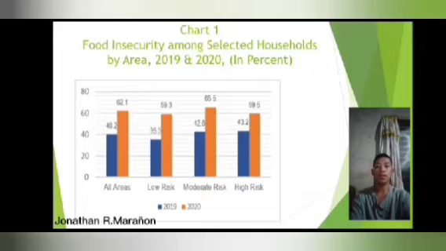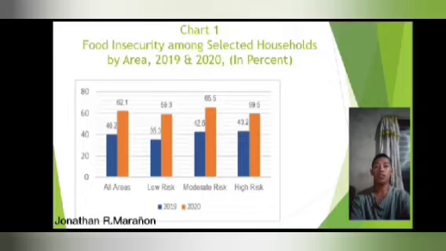So, some 62.1% of Filipino households experienced moderate to severe food insecurity in 2020 amid the ongoing COVID-19 pandemic, according to a rapid nutrition survey conducted by the Food and Nutrition Research Institute.